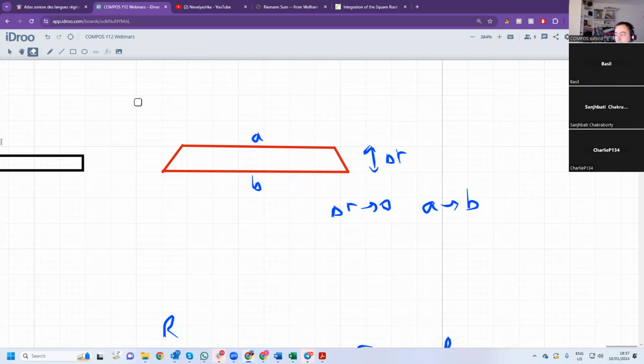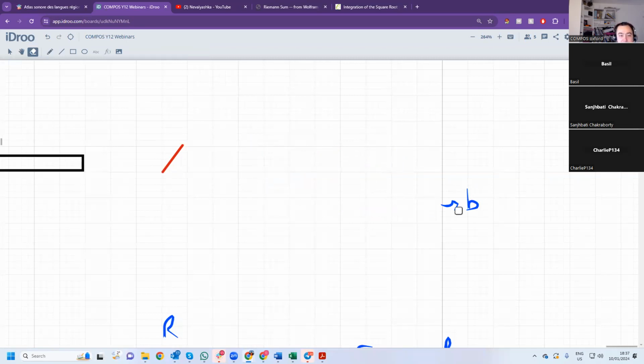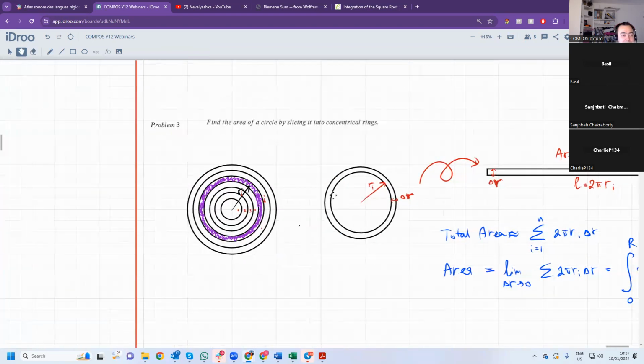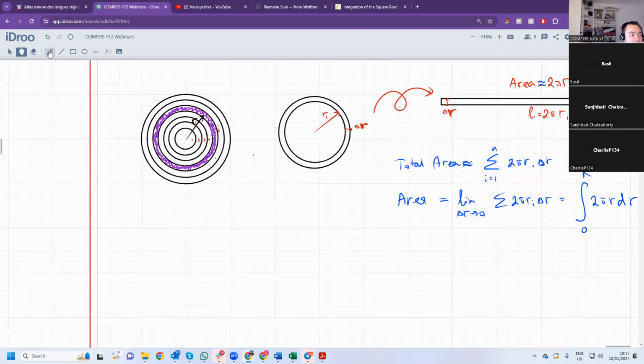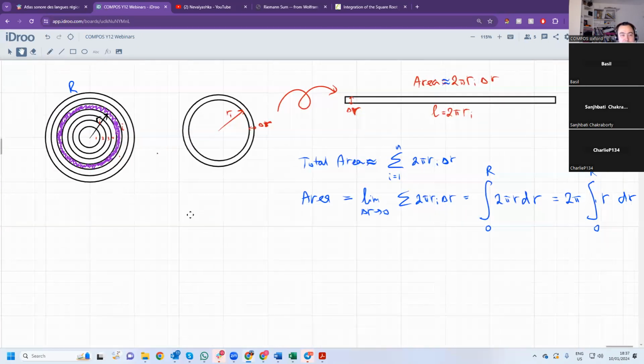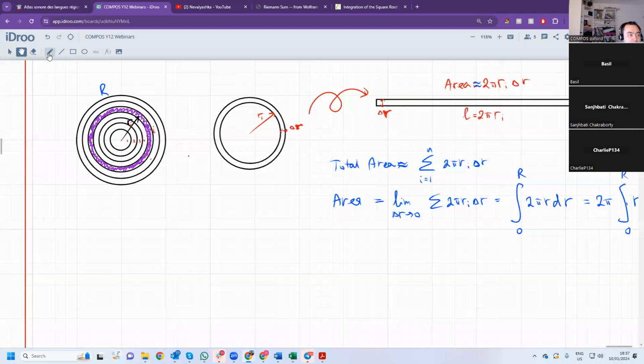Capital R is the radius of the circle, the big circle, or the outer radius. R changes from 0 to R. And r_i is the radius of each circle.